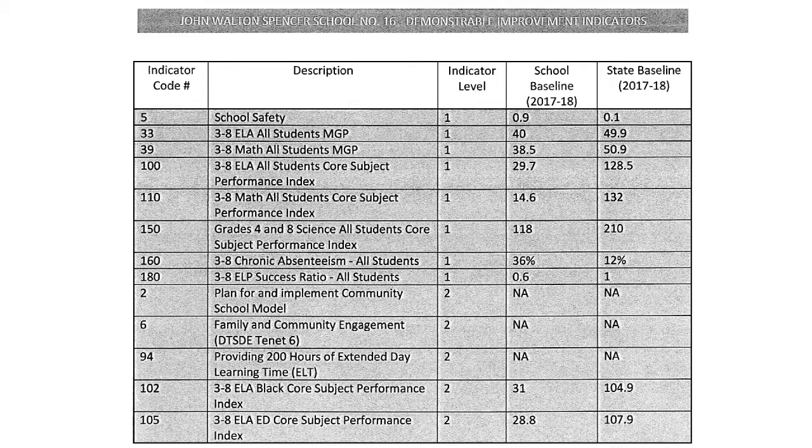We also have grades 4 and 8 science, all students core subject performance index. We have 3 through 8 chronic absenteeism for all students. And then we have grades 3 through 8 ELP, which stands for English Language Proficiency. Success ratio for all students.